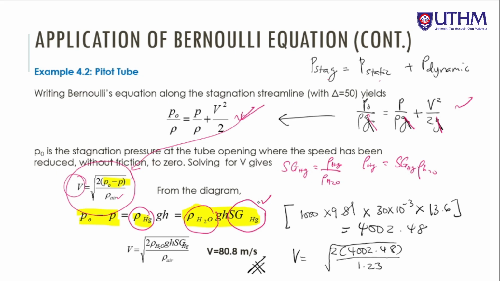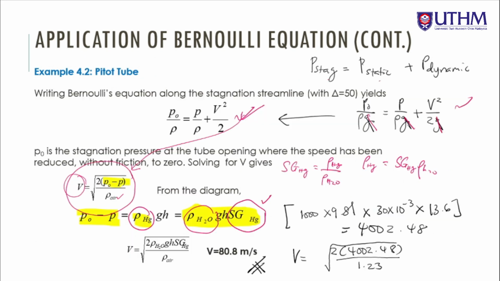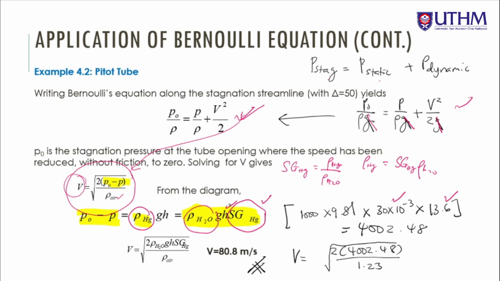This is given berapa tadi? 13.6, this one. So kita guna 13.6, H diberi 30 mm kan, 30 kali 10 kuasa negatif 3, this one. Okay, and then G is 9.81 lah, and then density of water seperti yang kita tahu 1000 kg per meter cube and then kita dapat 4002.48 kan.